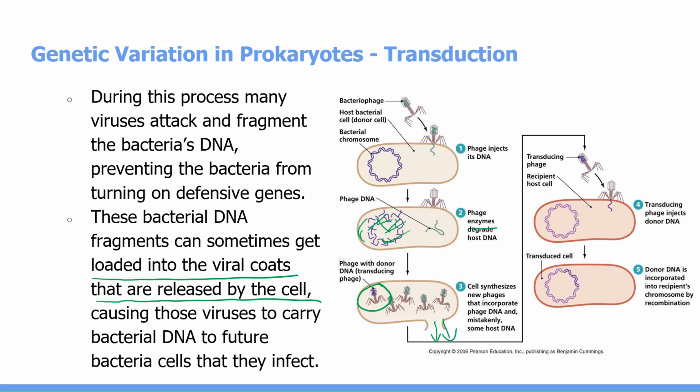And when those bacteriophages attack another bacterium, they inject the previous bacterium's DNA, and that DNA gets incorporated into the transduced cell's chromosome. We see that fragment of the host DNA from this step here located on this bacterium's chromosome.